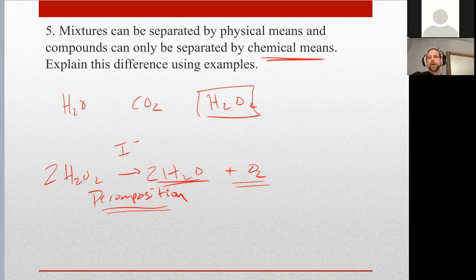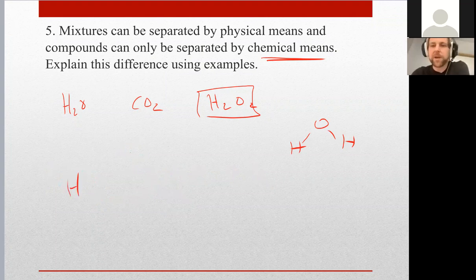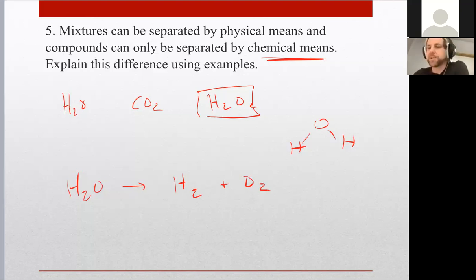As far as the water molecule, how are we going to break this into individual elements or break this into their elemental form? We can apply energy, and this is called electrolysis. We can actually break the water molecule down into its elemental components, hydrogen and oxygen gases. And we see this with an electrolysis process.